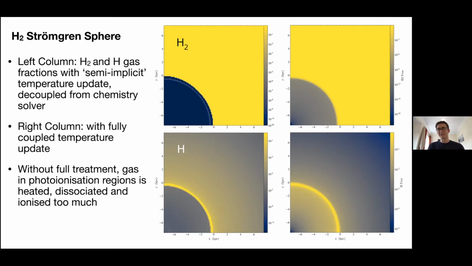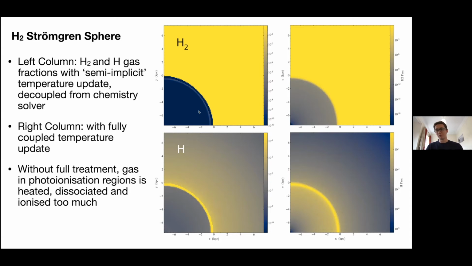I've done 2 simulations here, one with a decoupled temperature update, and by that I mean in my time step I solve all my chemistry and photo absorption, and then explicitly update the temperature the way Ramses would do it. And on the right, I've included the temperature ODEs in the whole Chrome system that are all being solved at the same time. So on the left, you can see the H2 fraction and the H fraction, we have a very sharp ionization front and a kind of H2 formation artifact at the back of the front.